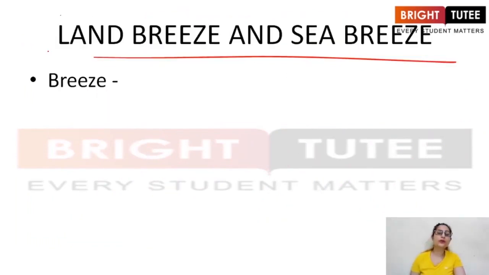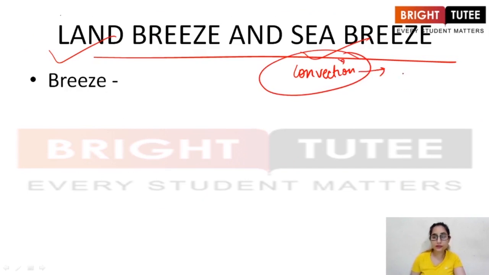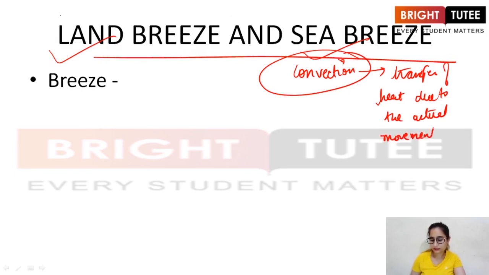Alright. So now we are going to talk about land breeze and sea breeze. Both of them are also related to convection. And what is convection? Convection is the transfer of heat due to the actual movement of particles. Basically, particles will actually move for the transfer of heat.